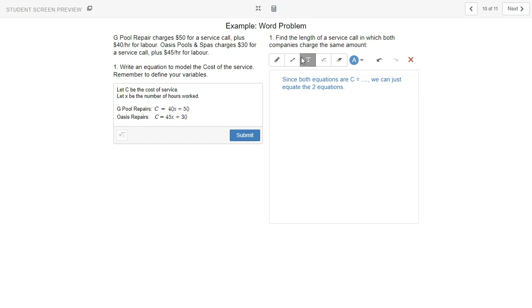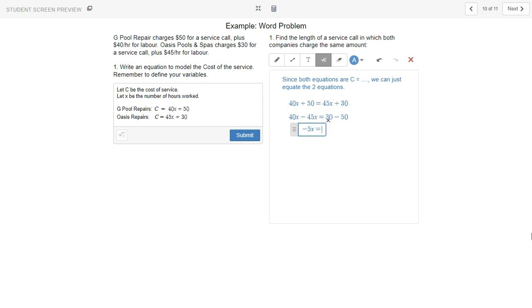So I want to know when they charge the same amount. Let's make them equal. So 40x plus 50 is equal to 45x plus 30. Let's rearrange the equation. 40x minus 45x is equal to 30 minus 50.